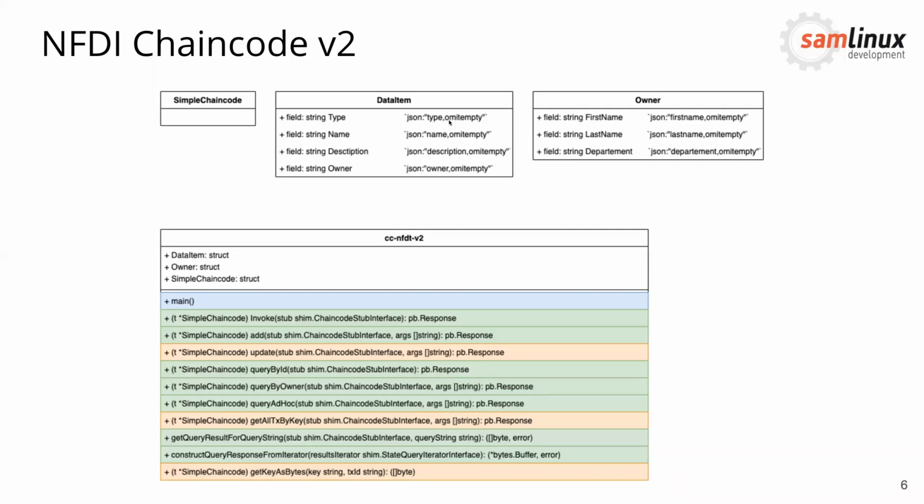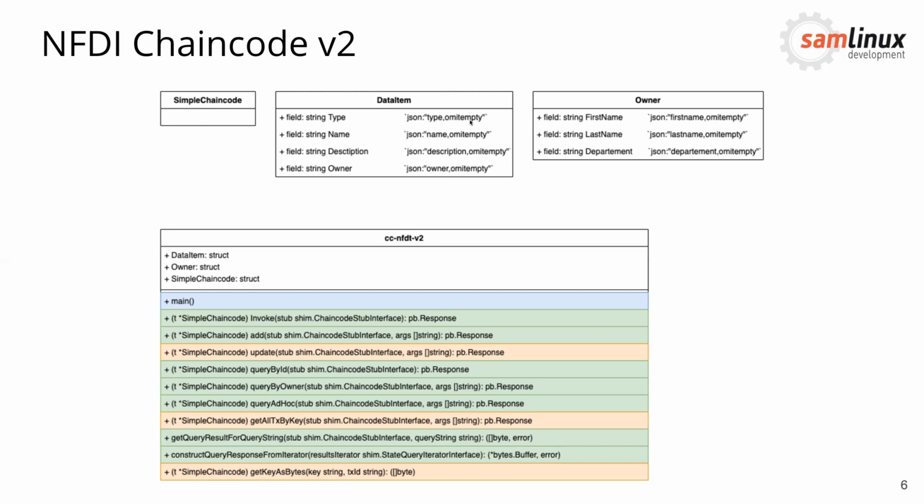New here is the extension to the type. The bridge between the JSON object and the data object in Golang, in the struct, is this notation. Our JSON has a property called type, and it's written lowercase. Also the name, the description, and the owner, for example. That we have seen in the last session. And with this extension, omit empty, this is one of the keys.